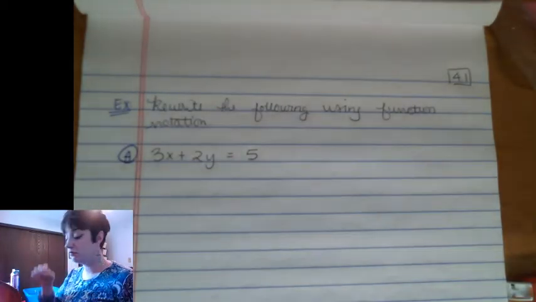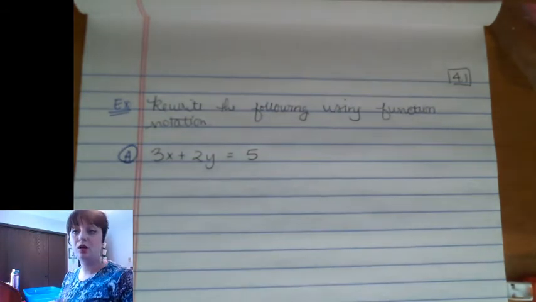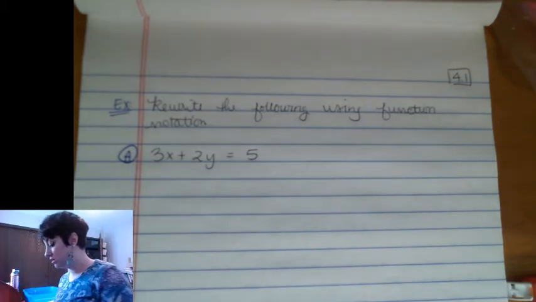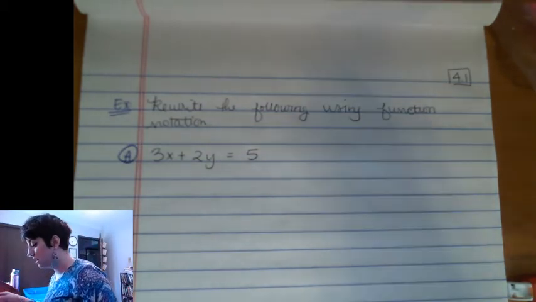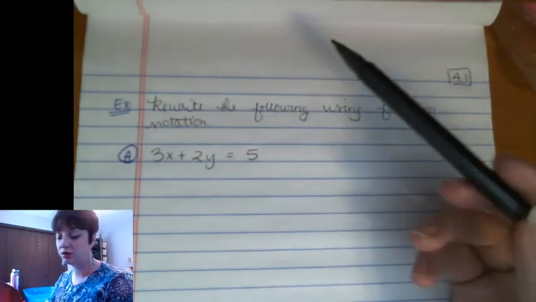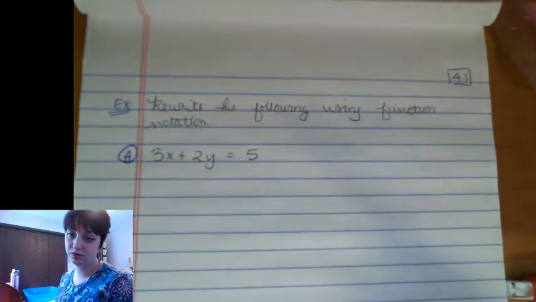So rewriting things using function notation is something that you're going to be doing. This is not as hard as you'd like it to be. So let's look at a couple of examples, just very short ones. Here's a function, and I want to rewrite it using function notation. So 3x plus 2y equals 5. Now, we covered this in the last chapter.